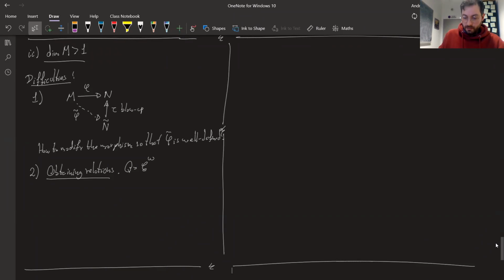Okay, so the first thing is that in the case of curves, where the dimension of M was equal to 1, we were able to get n minus 1 relations. So we were able to get that the image of the curve was locally contained in an analytic set of dimension 1.